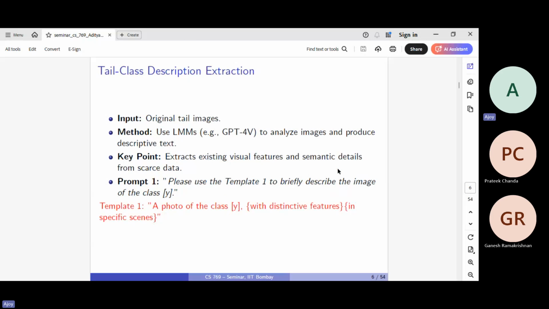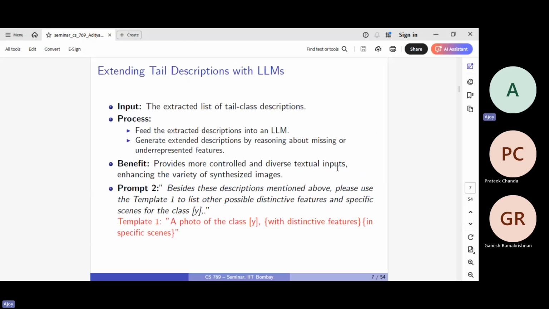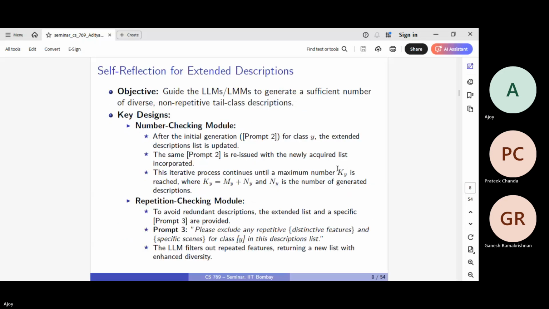We use this prompt and this template so that we can get structured output. Then we feed these extracted features to the LLM using this prompt to extend those textual features.